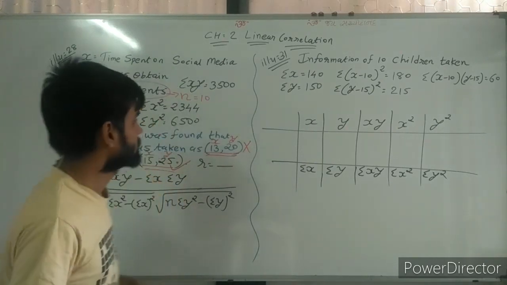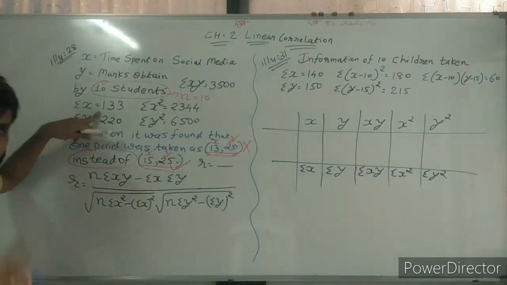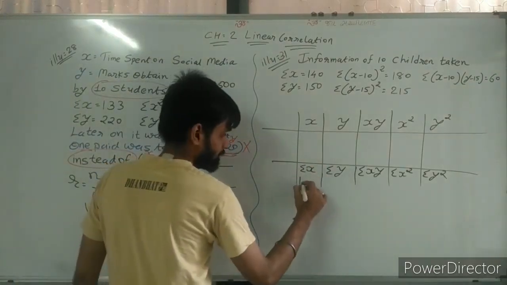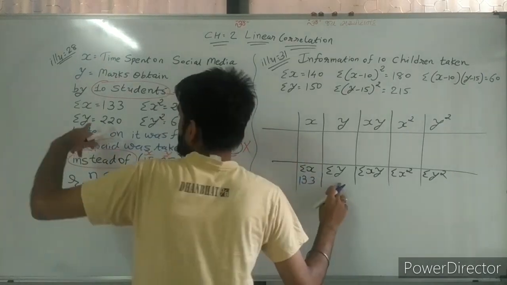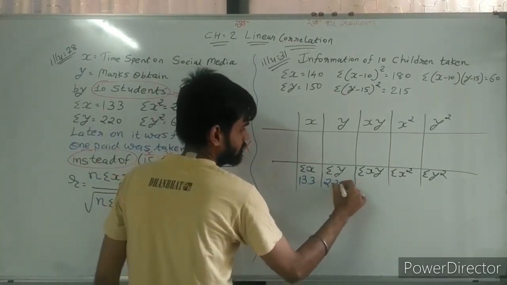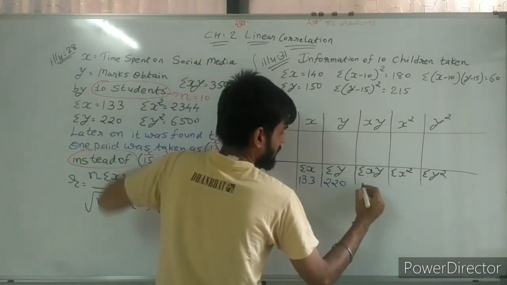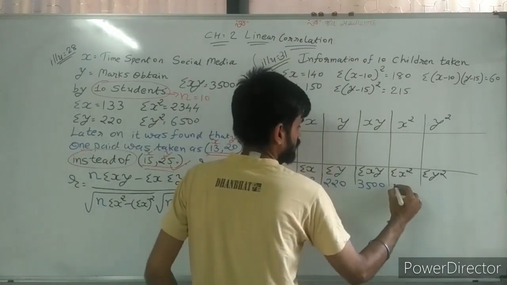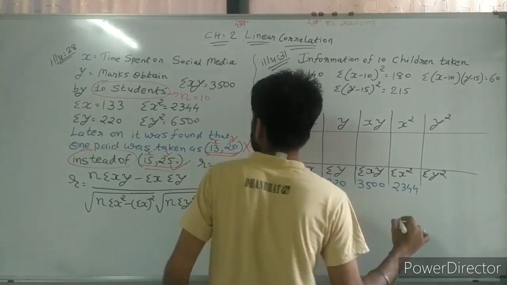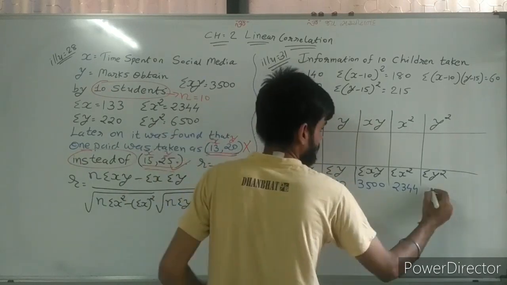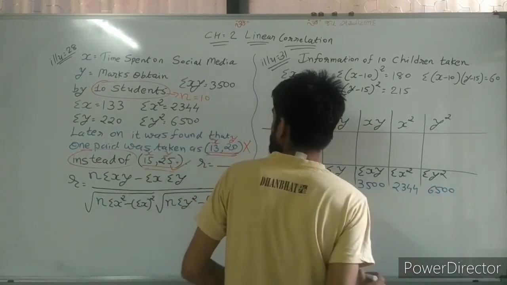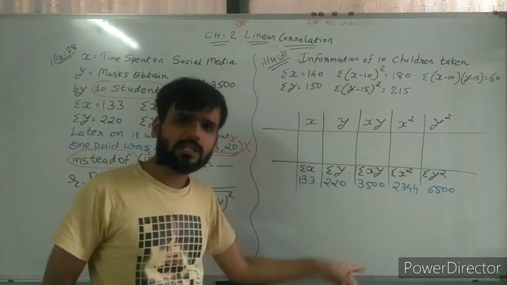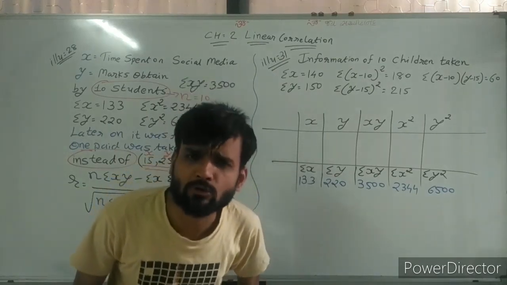Which are the answers? We are writing first: sigma x 133, which is wrong. Try to understand which is wrong. Sigma y 220, sigma xy 3500, sigma x square 2344, sigma y square 6500. These values are given and all of these values are wrong. Why are all values wrong?